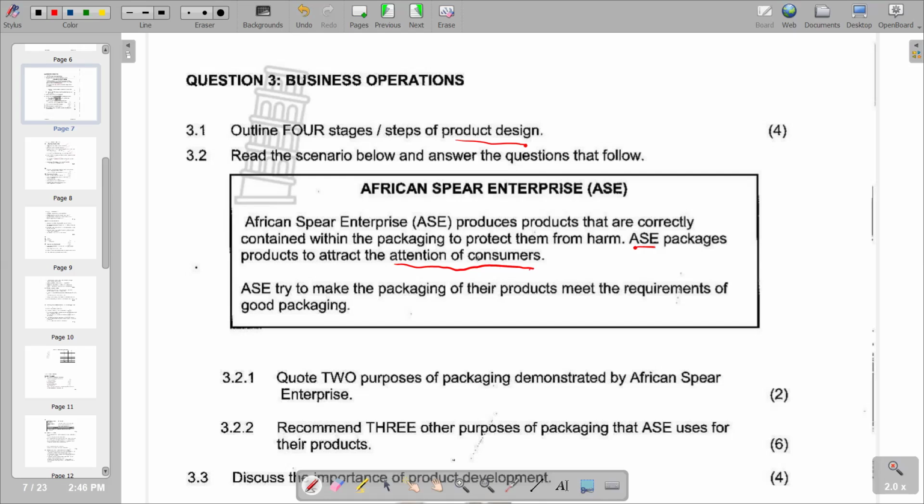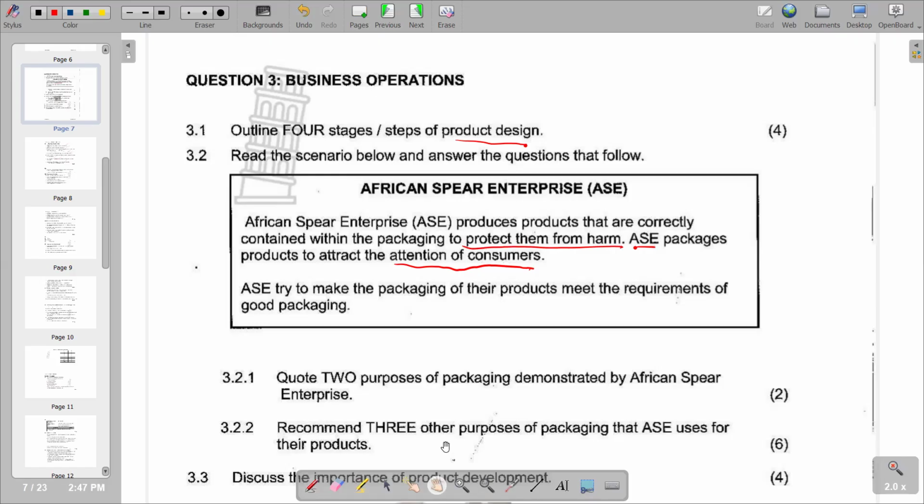And then also, if you look again at the other sentences given here, it reads African Spear Enterprise, ASE, produces products that are correctly contained within the packaging to protect them from harm. So the issue of protection from harm is another purpose that we can deduce. So those are the purposes that we see in the scenario.